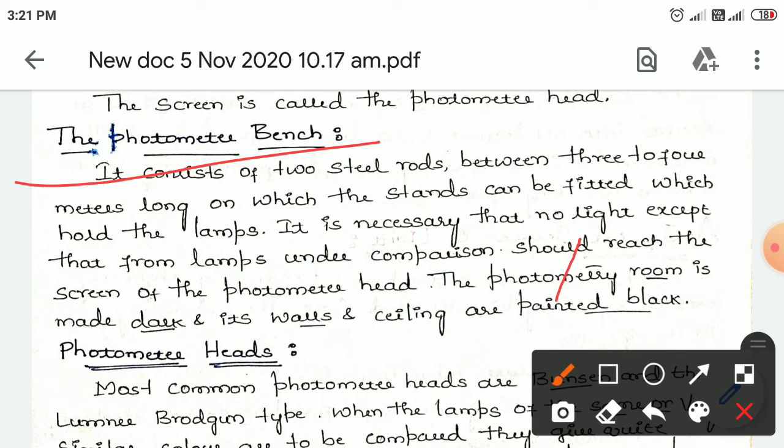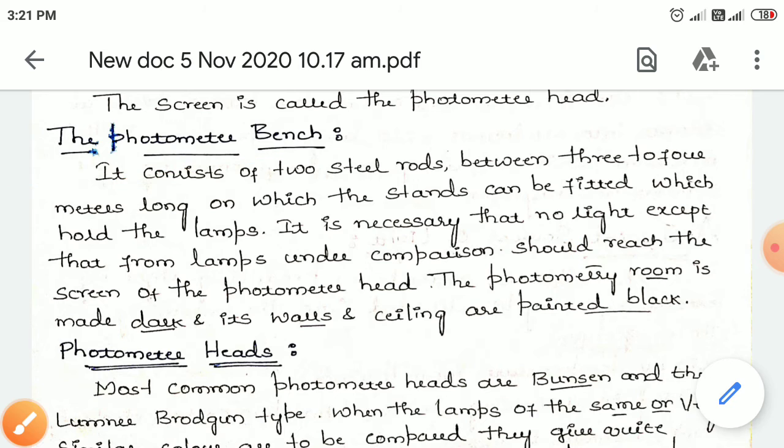The bench must be rigid enough to be free from vibrations. The graduations and the distance measurement must be accurate, since the squares of the distances are used in the calculations.